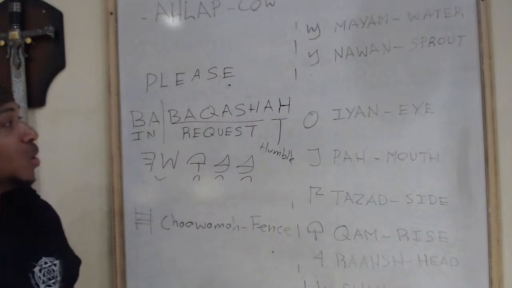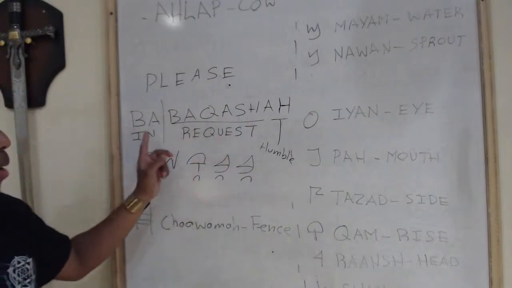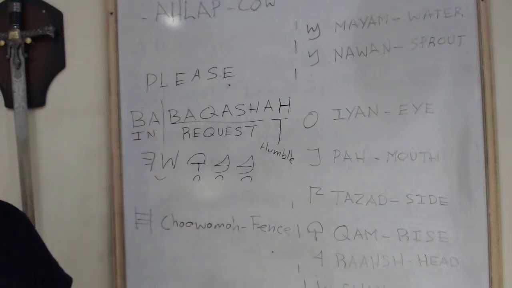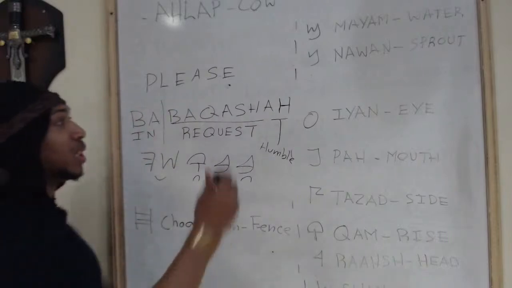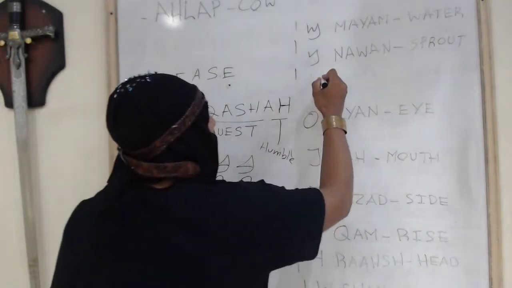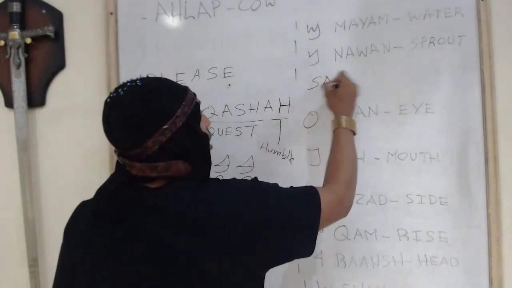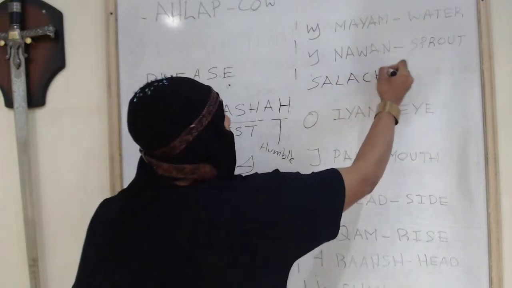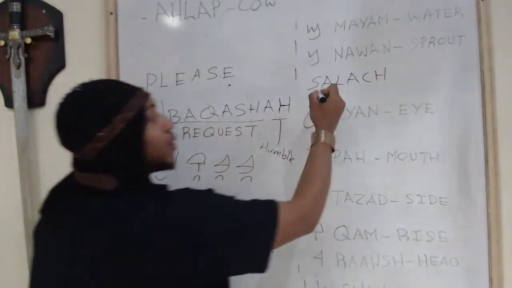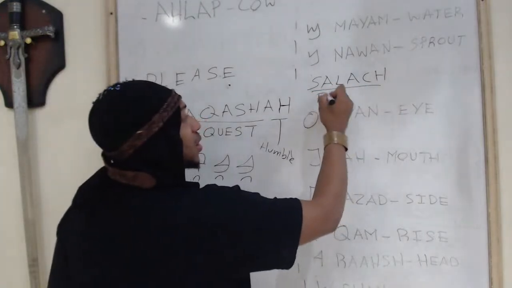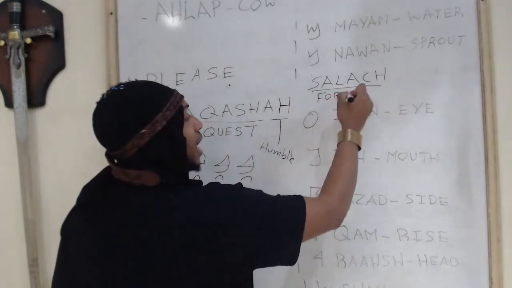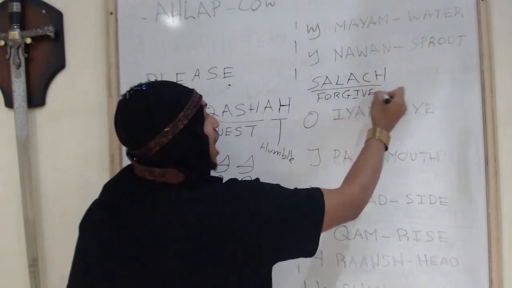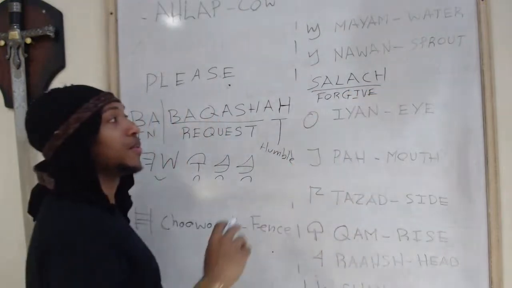All right, good, right? So another one. I see people make mistakes with this all the time, right? Salakia. Salak means forgive, right? And that's ending in a ch, right? Salak means forgive, right?